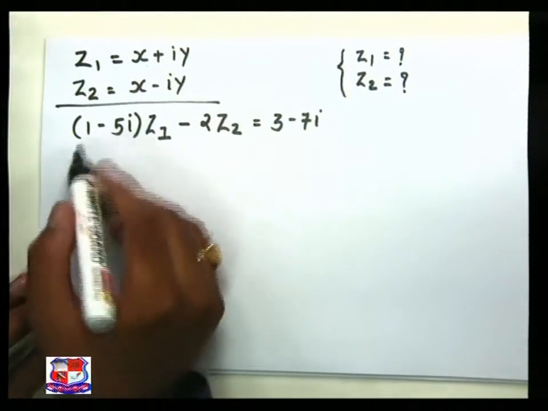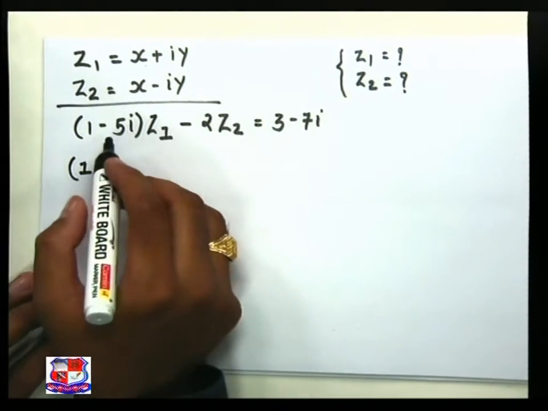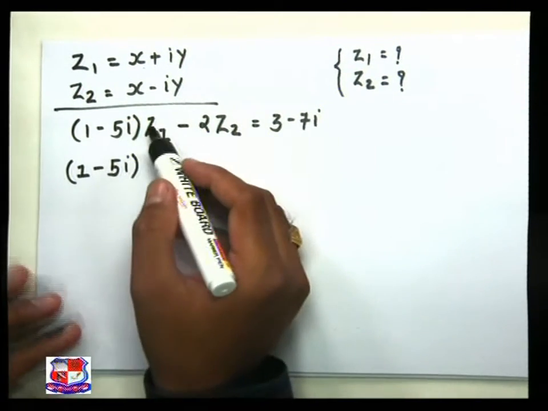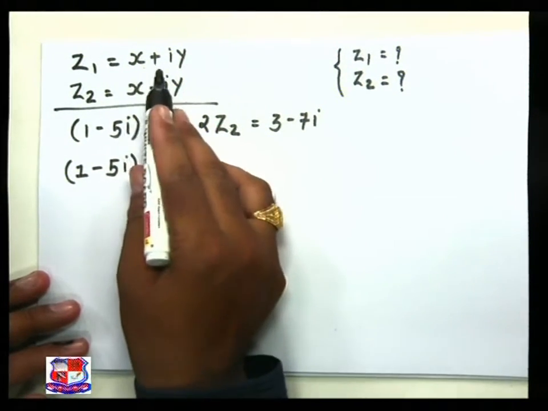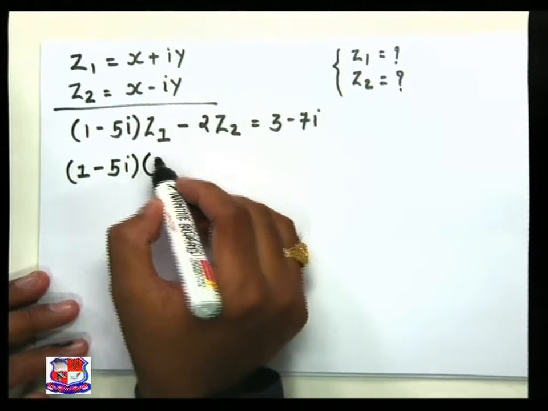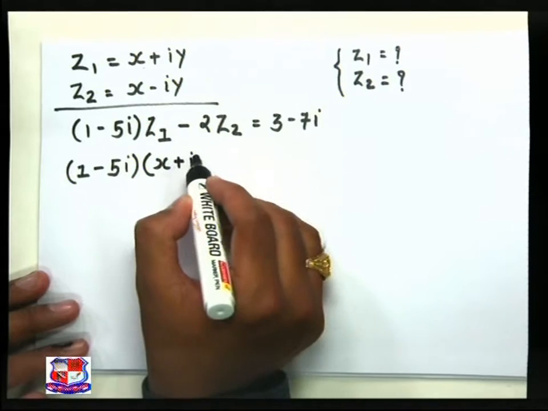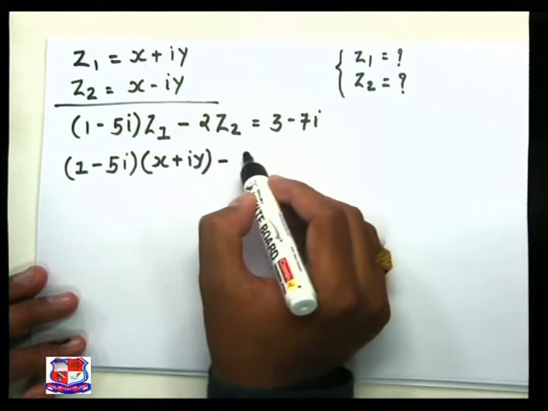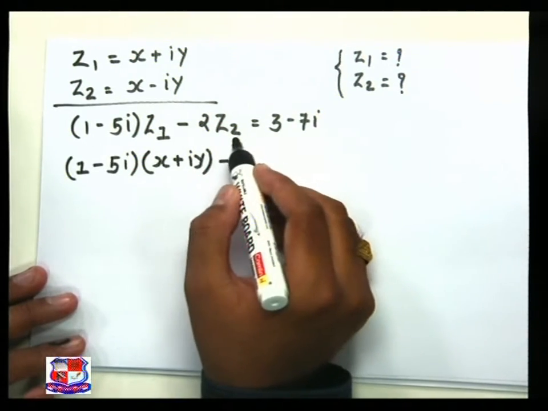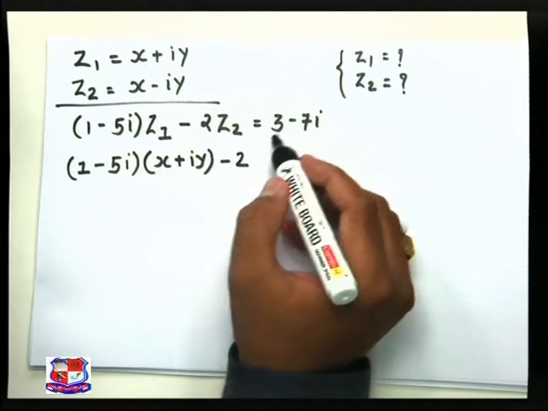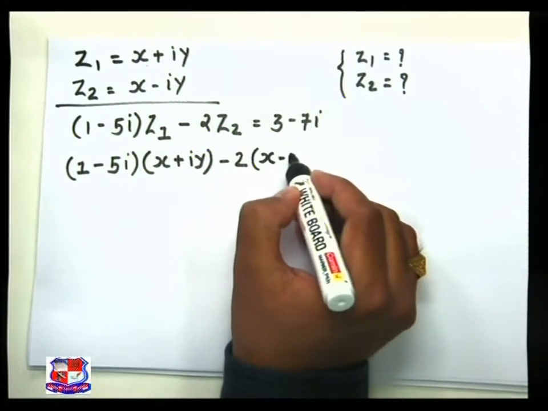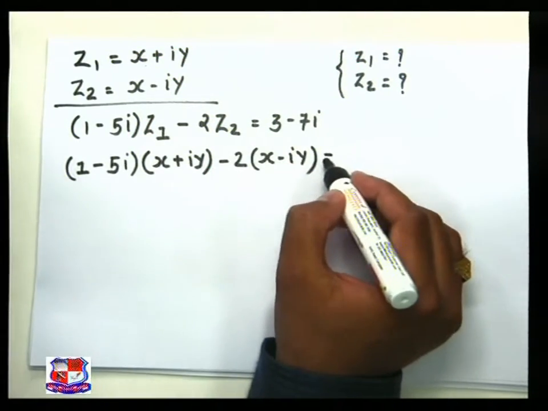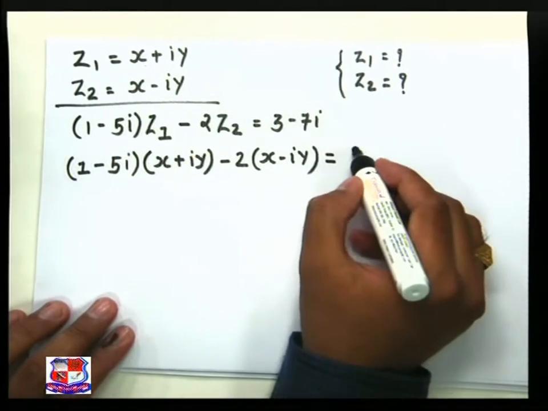So this equation becomes (1 minus 5i) into z1, that is x plus iy, minus 2 into z2, that is x minus iy, is equal to 3 minus 7i as it is.